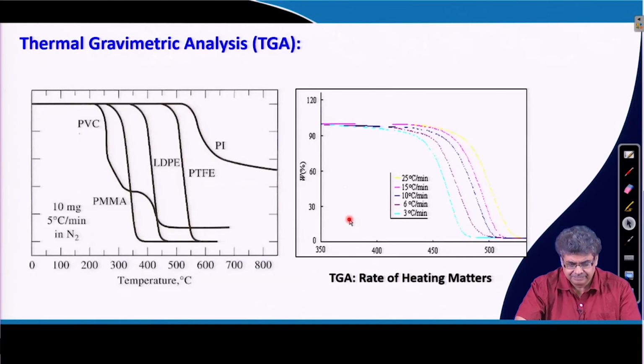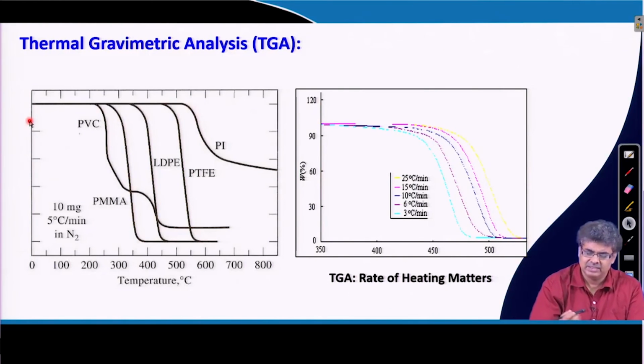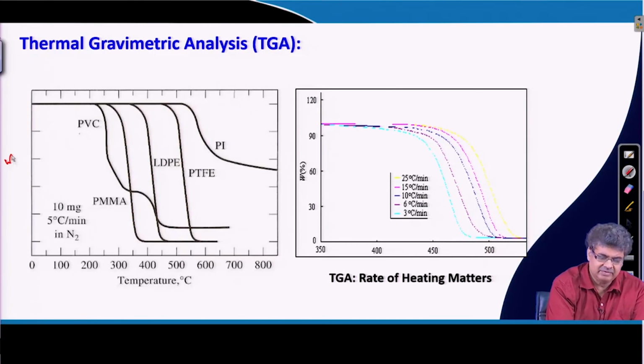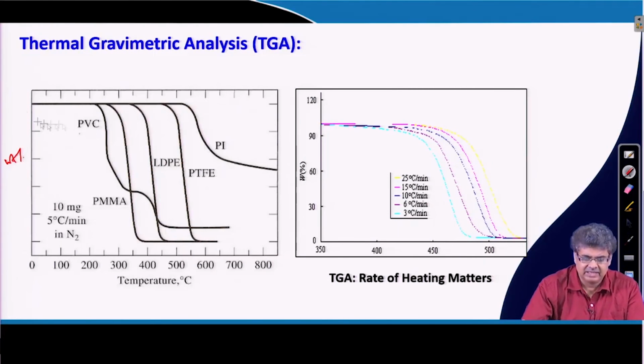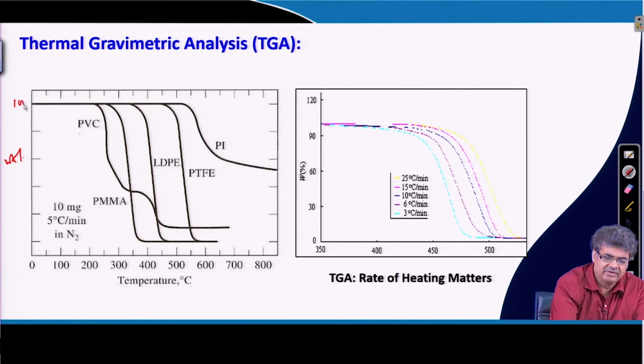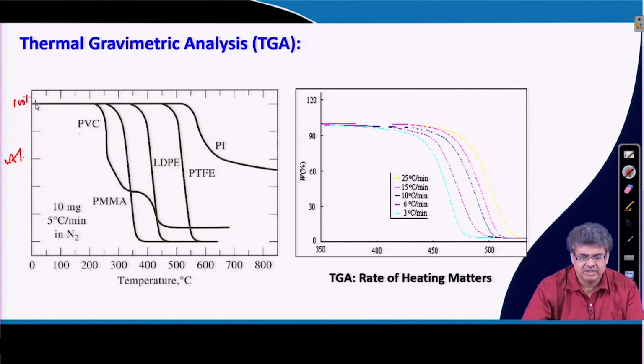This is an example of the thermal stability of a few polymers: PVC, polyvinyl chloride, PMMA, LDPE, PTFE, and PI. This is the weight percentage, and this is 100%. At some temperature it starts losing weight, and it almost becomes 0% at extremely high temperature.